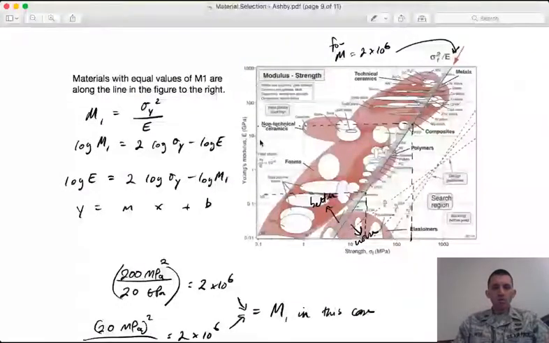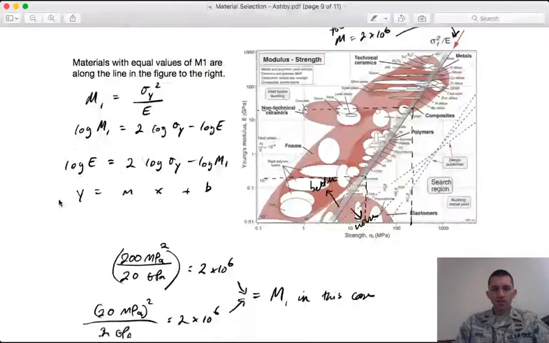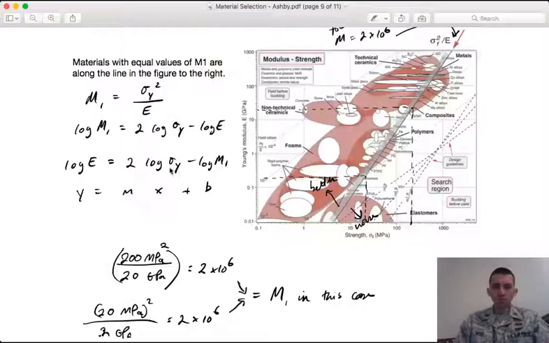These are typically plotted on a log-log basis, so if I take the log of both sides, I can rearrange into a point slope form where I have y equals mx plus b. And the slope is 2, right? That is from my exponent here. So for springs, the slope is always going to be 2.